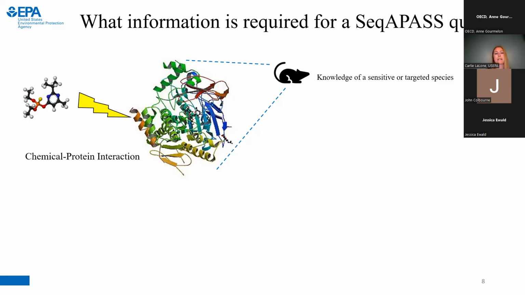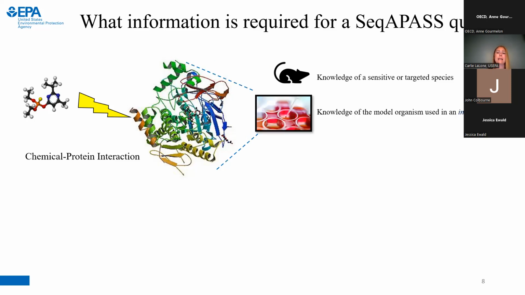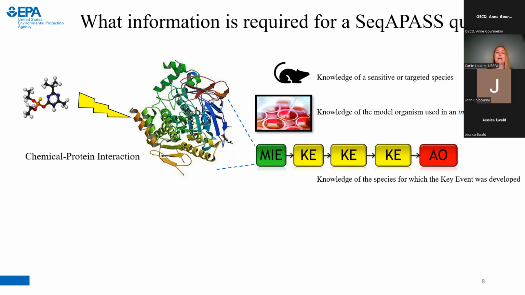Or for, say, pharmaceuticals, you would think about humans or companion animals for which that drug has been designed. Also, in the context of high throughput screening or high throughput transcriptomics, we may have knowledge of a model organism used in an assay. So in an in vitro assay, for example, that would be our starting point or our starting species using that model organism and the gene that was used in that assay.